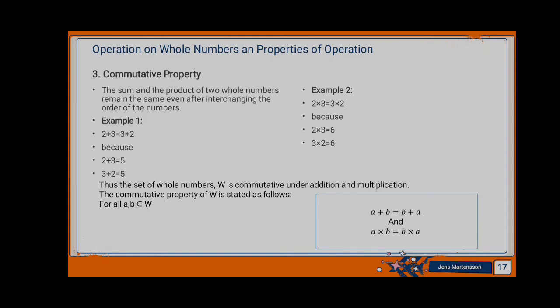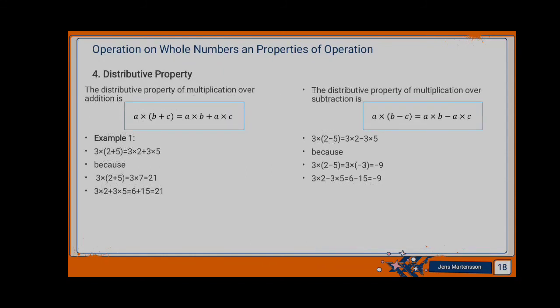Example 2: 2 times 3 is 3 times 2, because 2 times 3 is 6 and 3 times 2 is 6. Thus, the set of whole numbers W is commutative under addition and multiplication. The commutative property of W is stated as follows: for all a, b in W.